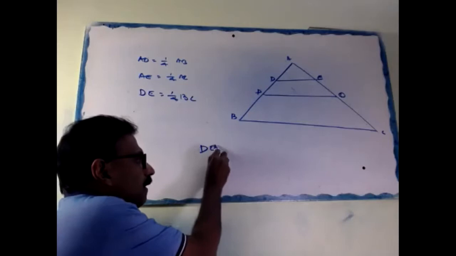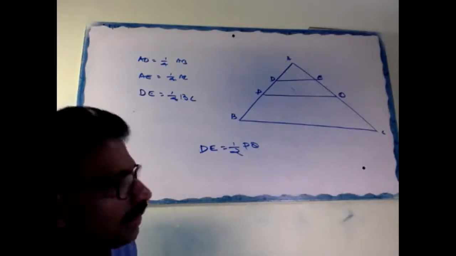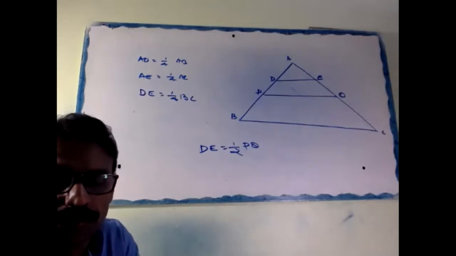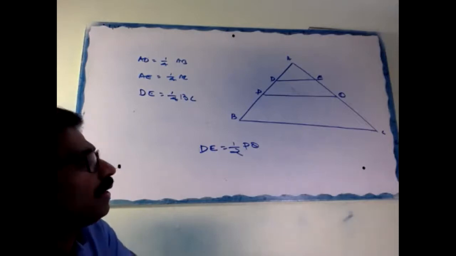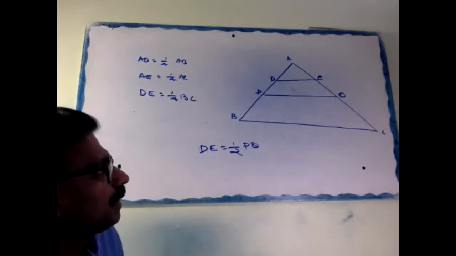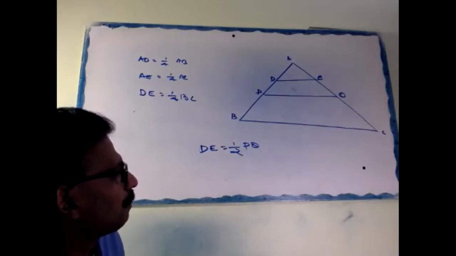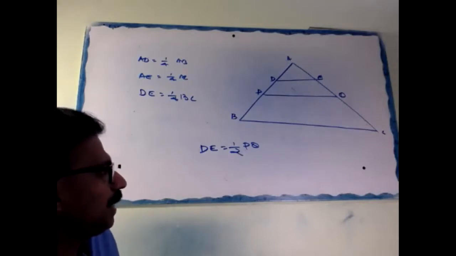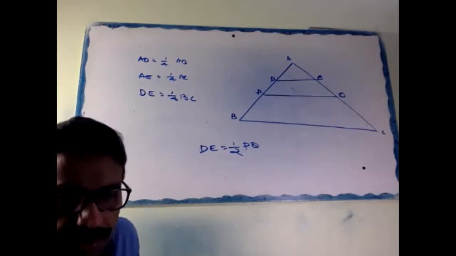Therefore, DE equal to half of PQ by midpoint theorem.